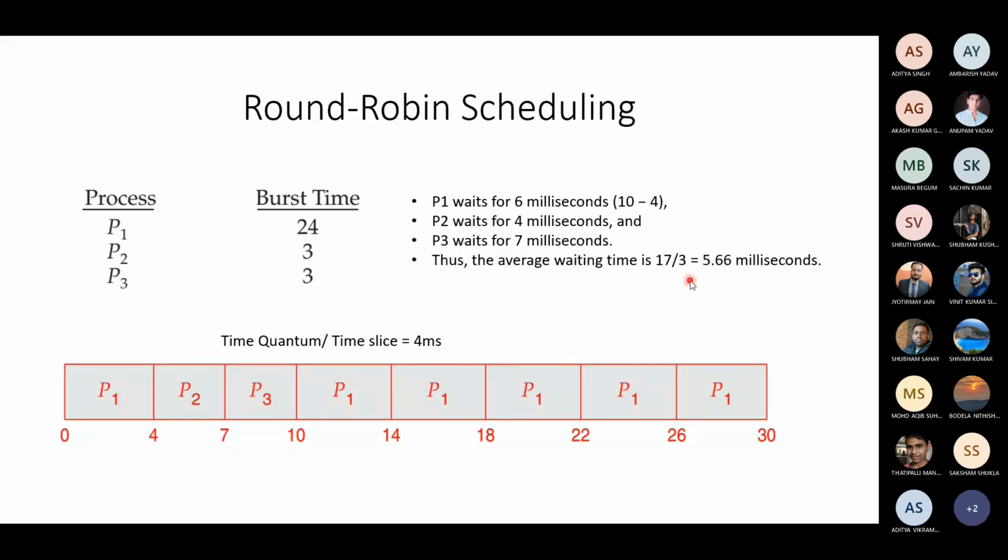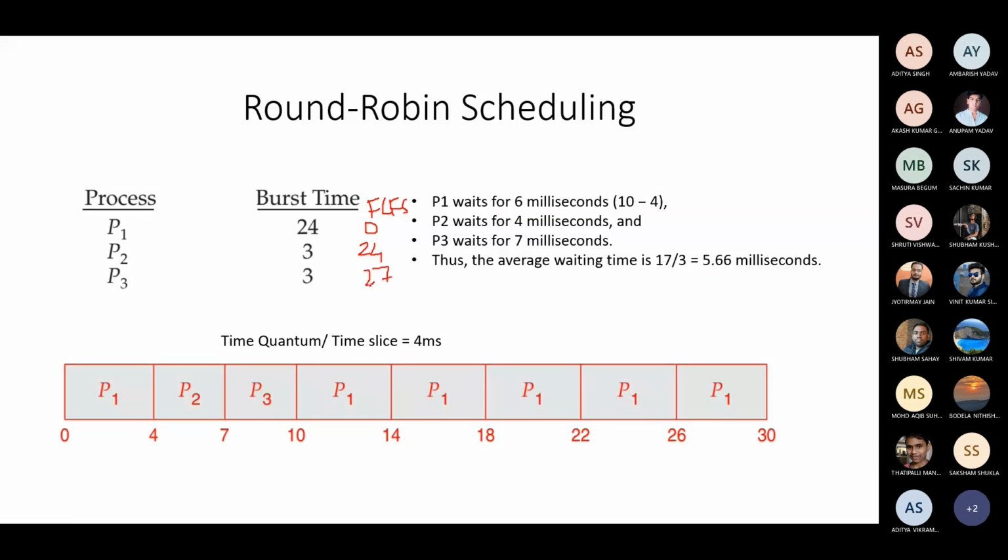The same example that we discussed in FCFS. If it is FCFS, what is the waiting time? If you go straight away with non-preemption, FCFS will take, if you come first, process P1 will wait 0 milliseconds, process P2 will wait 24 milliseconds, process P3 will wait 24 plus 3, 27 milliseconds.